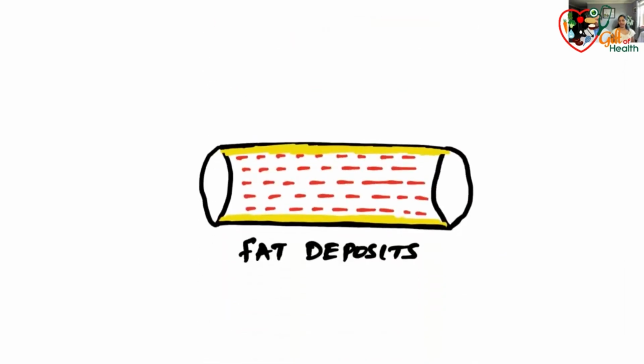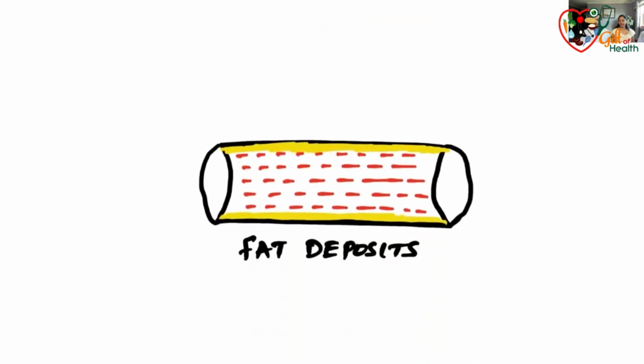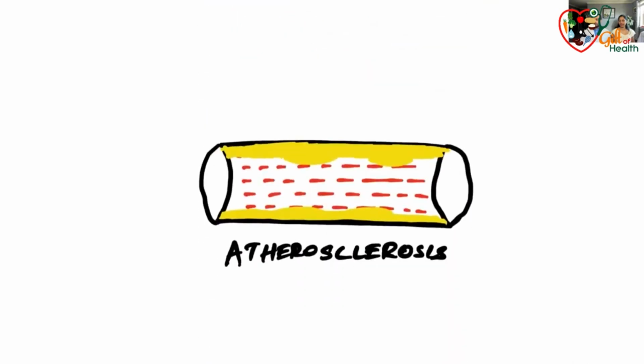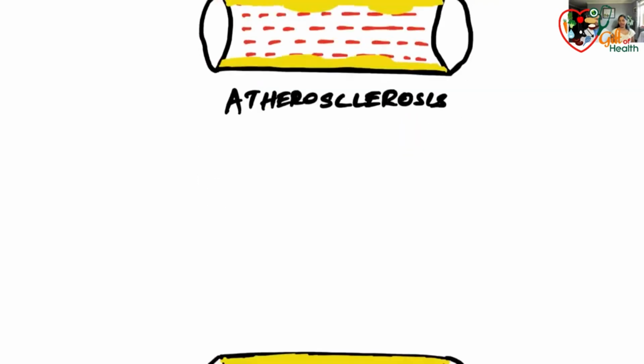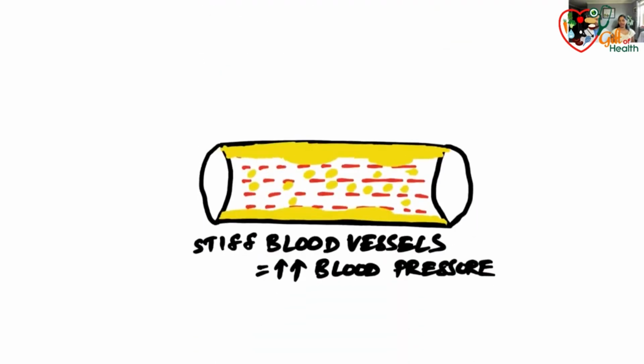What you're seeing here, all this yellow, is the fat getting deposited on the blood vessel wall. There is actually a technical term that we use. This is called atherosclerosis. Atherosclerosis means stiffening of the blood vessels. Do you know what causes this stiffening of the blood vessels? It's this deposition of fat.